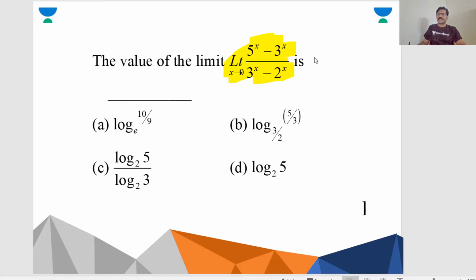Limit x tends to 0, 5 power x minus 3 power x by 3 power x minus 2 power x. Try this one. Tell me the answer.